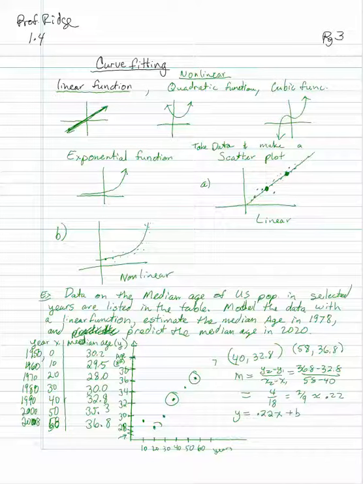So let's put in the 40 and the 32.8 and solve for b. 0.22 times 40 is 8.8, so 32.8 equals 8.8 plus b. I'll subtract 8.8, so b is 24.